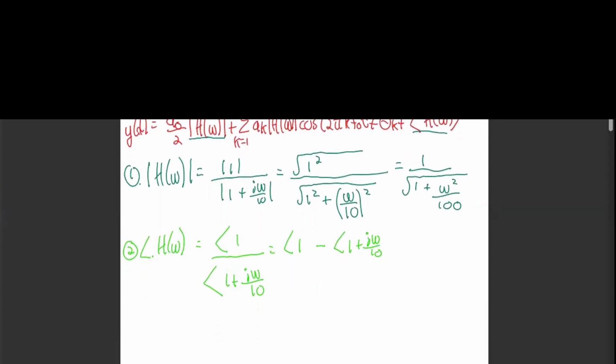So we have tan inverse of the imaginary, in this case 0, on the real, for this piece here, subtract tan inverse of the imaginary, which in this case is omega on 10, on the real part, which is 1.